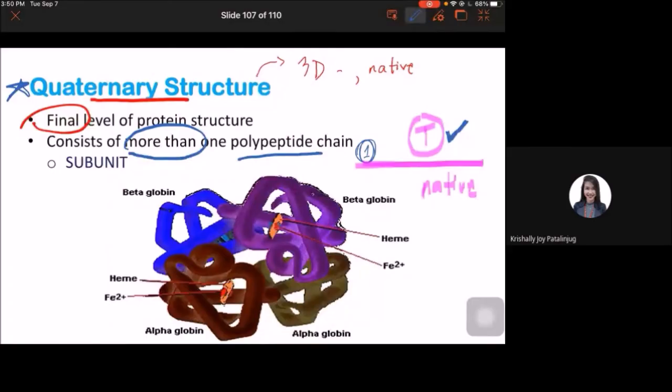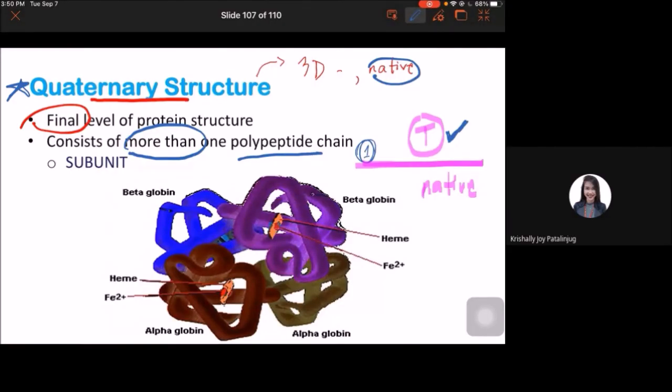Sabi natin na ang quaternary structure, 3D na rin siya, but this time it consists of more than one polypeptide chain. Okay? And this is functional na, native. Kung matured na kumbaga yung polypeptide chain.